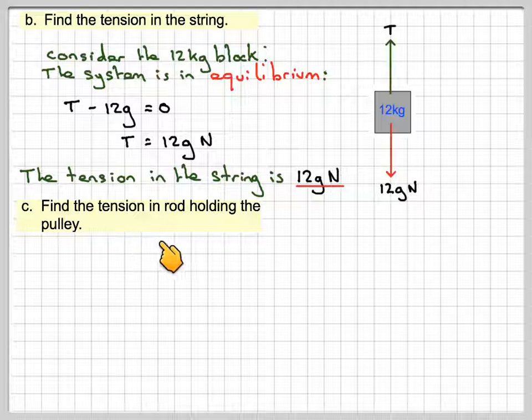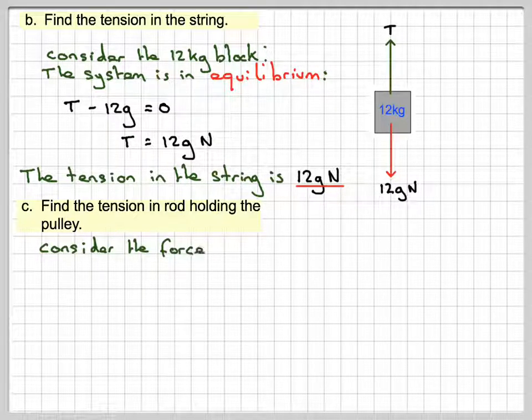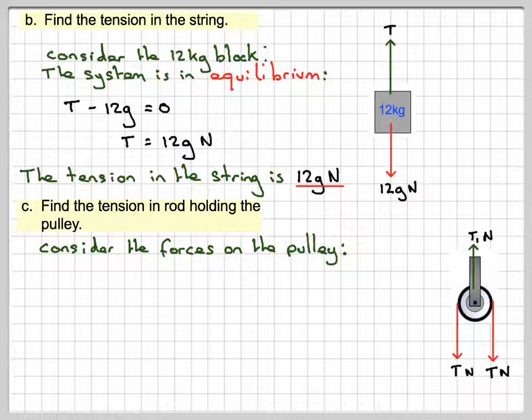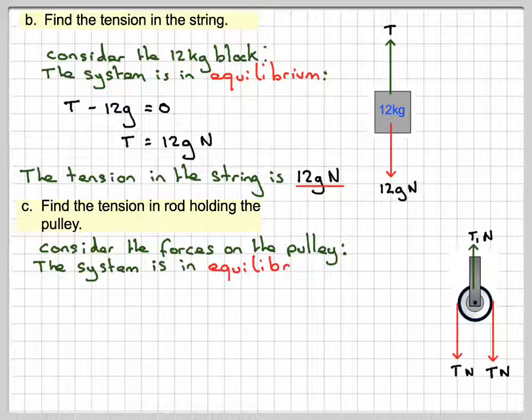Find the tension in the rod holding the pulley. So if we now consider the forces on the pulley, which is this one here, we've got T acting down on this side, T acting down on this side, and then T1 newtons acting upwards. So the system again is in equilibrium, so T1 minus 2T will be equal to 0.